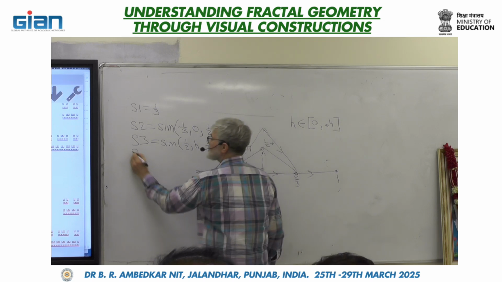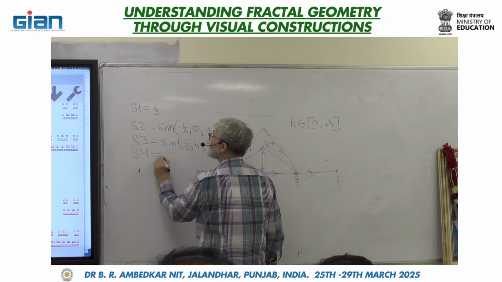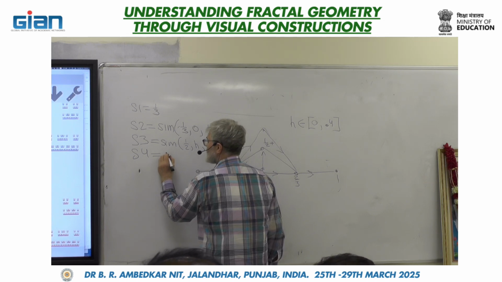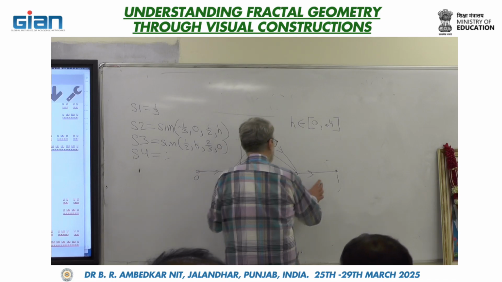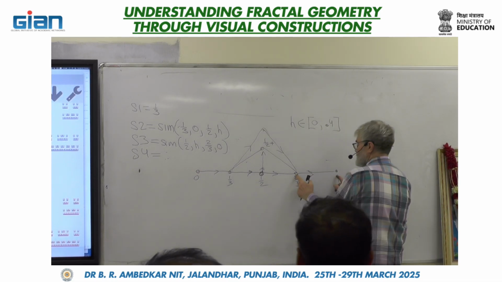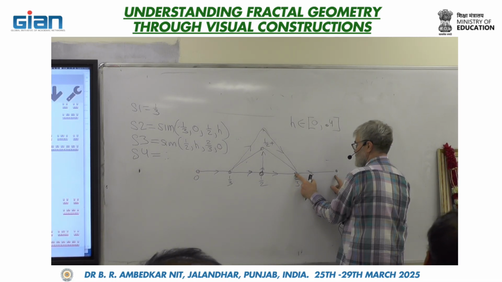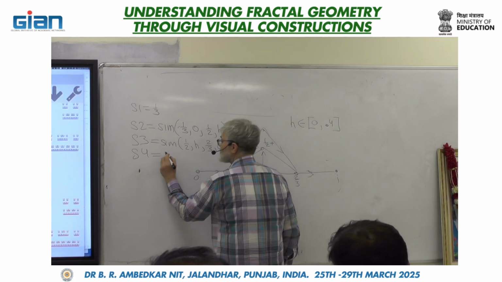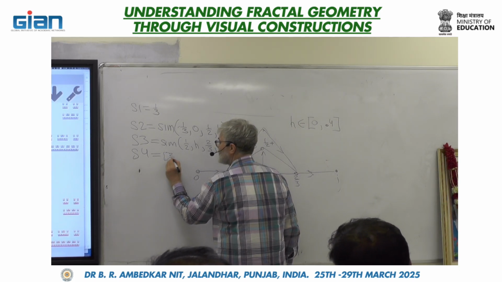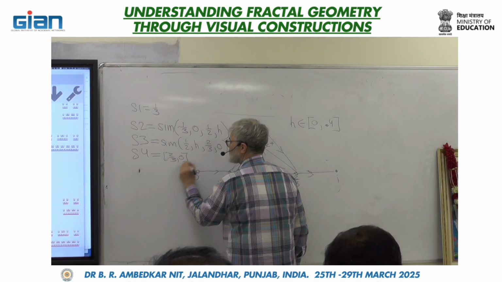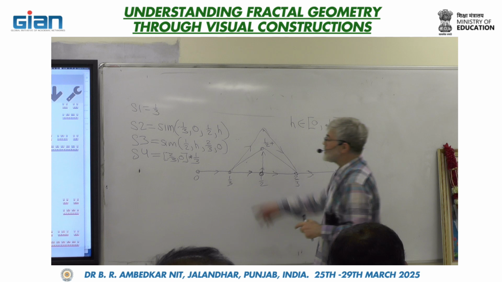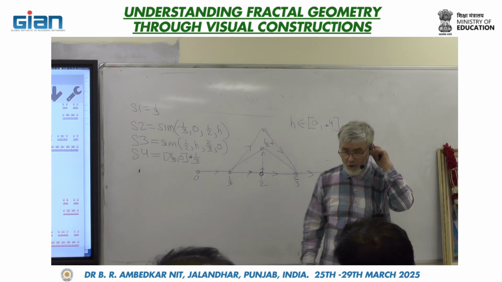And S4 will be one. So we need to make a 1/3 contraction of the interval and then translate it by 2/3. So it will be 2/3 0 multiplied by 1/3. So we defined these 4 operators.